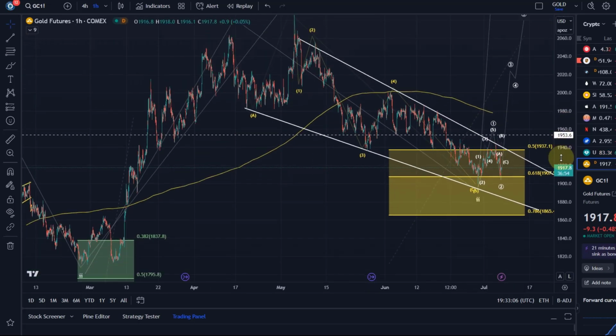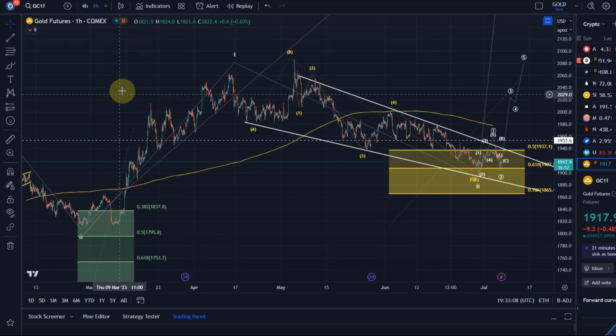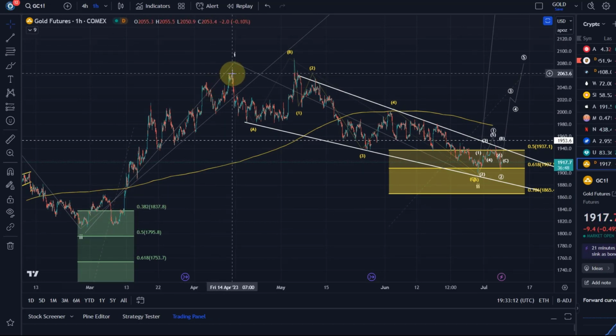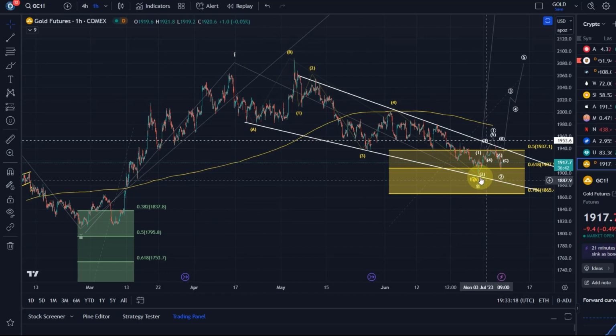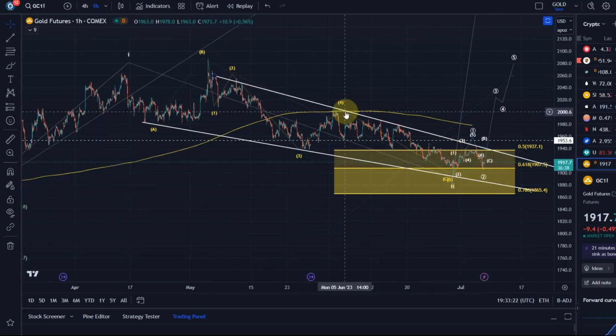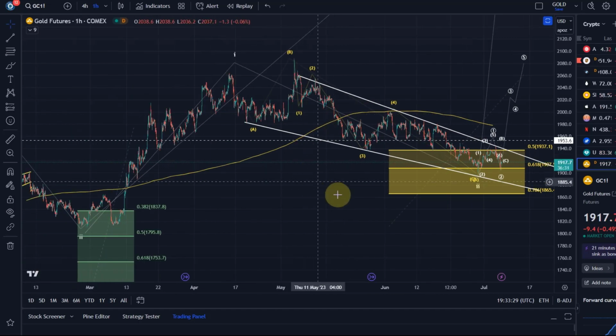The idea is still, and let's zoom out first, that gold, we're looking at the futures chart, topped here in a larger wave 1 on the 14th of April, and since then it has come down in this ABC correction. I'm currently counting the C wave as shown here, but I'm not happy with it. I think we need a bit of an adjustment in the count, but that doesn't matter so much in the very short term, so I'll leave it for now.